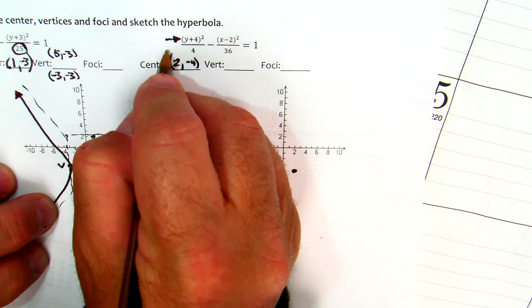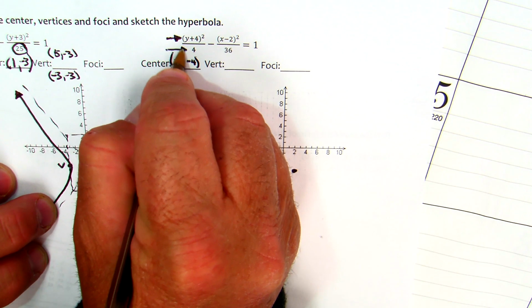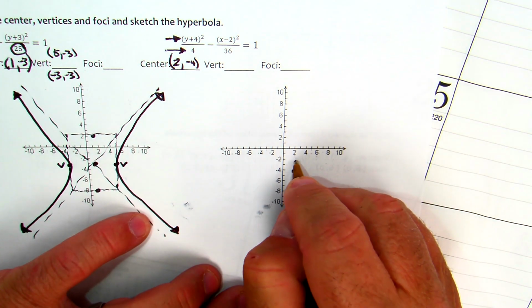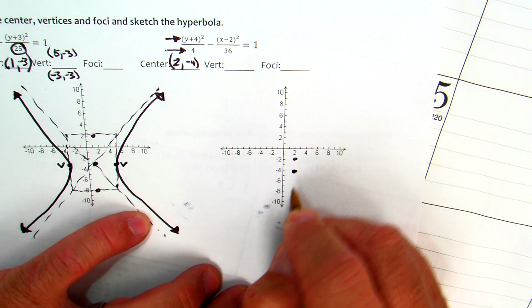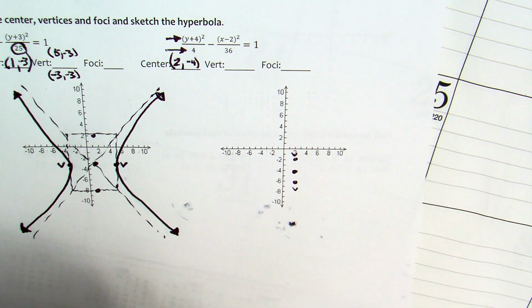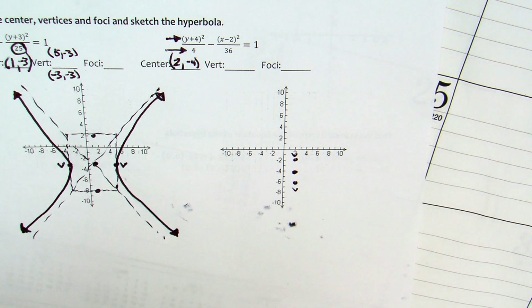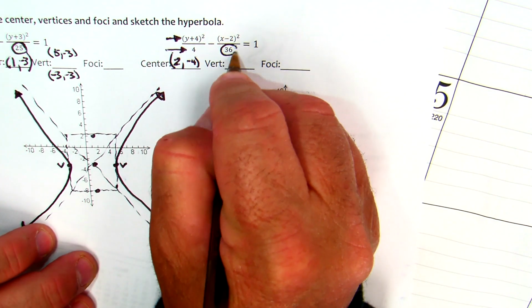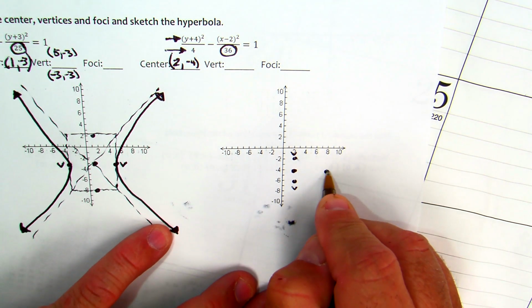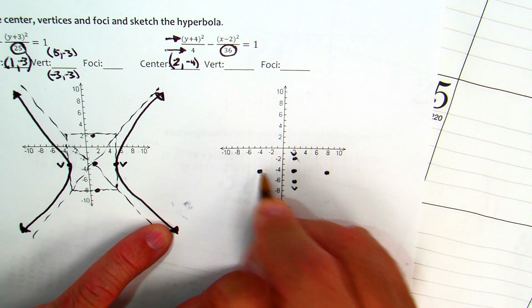I then look at the denominator of what comes first, which is 4. What's the square root of 4? 2. Because it's the y, that means I'm going up 2 and down 2. Those are my vertices. I then look at my other denominator, which is 36. What's the square root of 36? 6. So I'm going over 6 that way and over 6 that way.